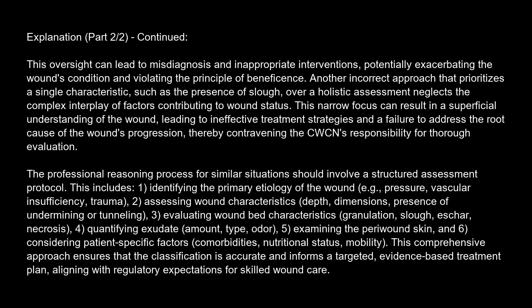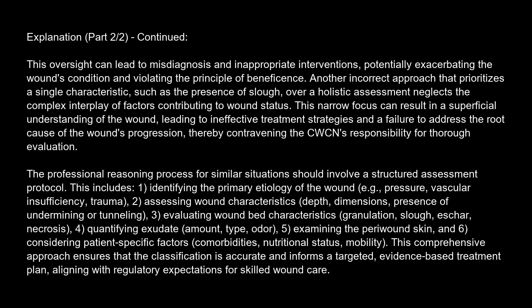The professional reasoning process for similar situations should involve a structured assessment protocol. This includes: 1. Identifying the primary etiology of the wound, e.g., pressure, vascular insufficiency, trauma. 2. Assessing wound characteristics, depth, dimensions, presence of undermining or tunneling. 3. Evaluating wound bed characteristics, granulation, slough, eschar, necrosis. 4.